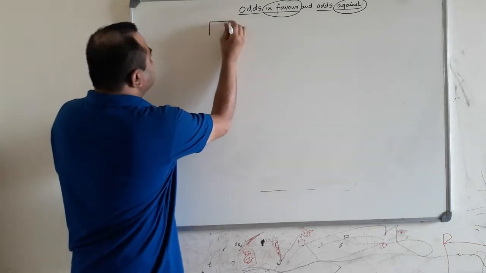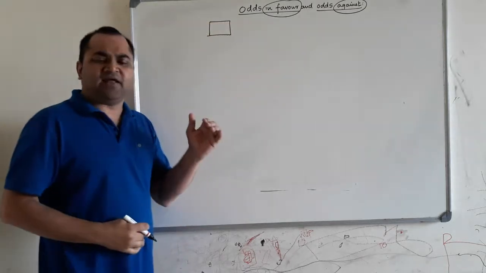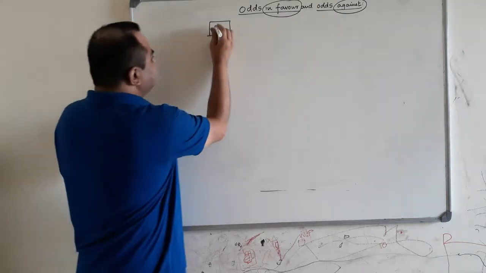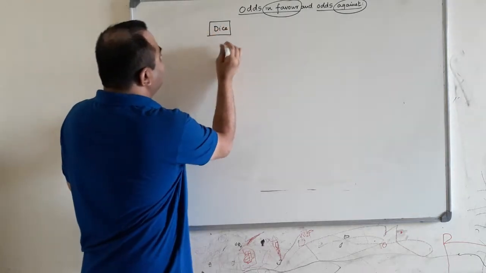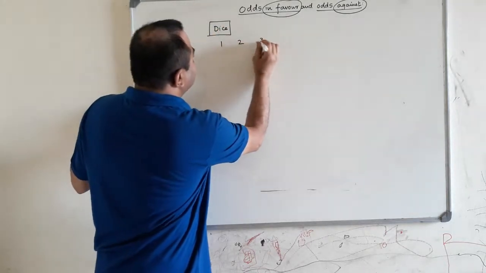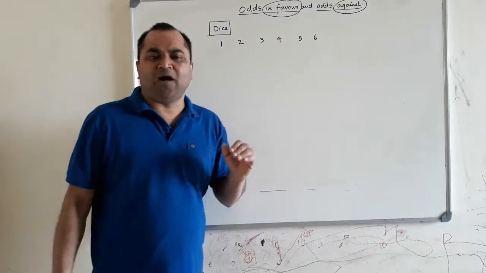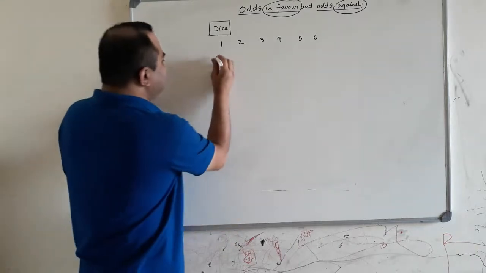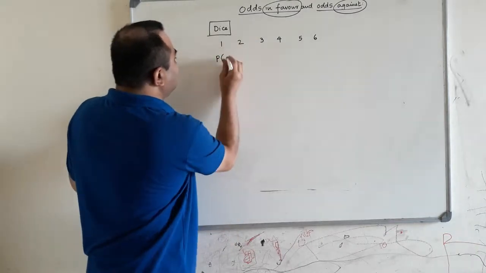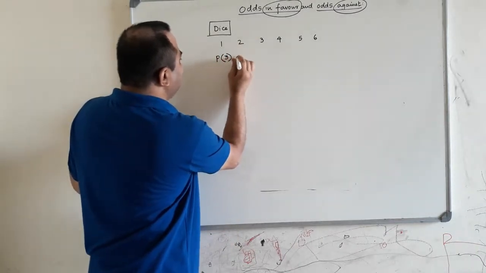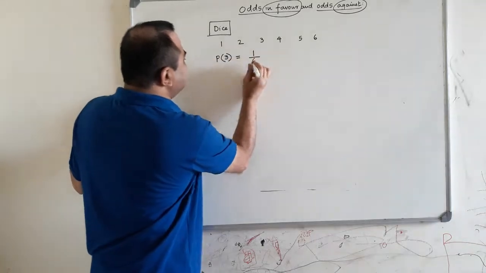Suppose consider a dice. When a dice is tossed, any one of the 6 numbers from 1 to 6 is likely to appear. So probability of a particular number on the dice, say 3, is 1 by 6.